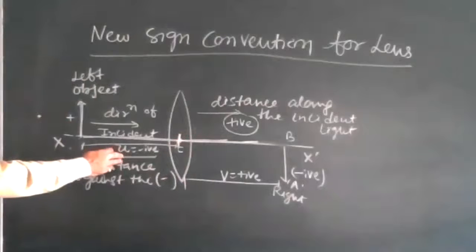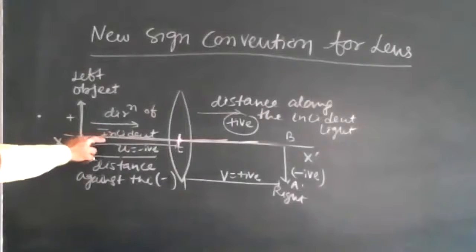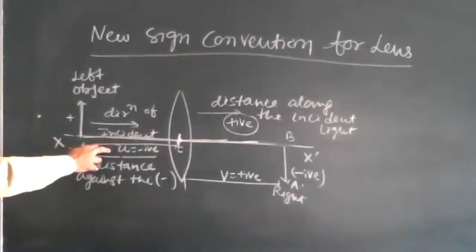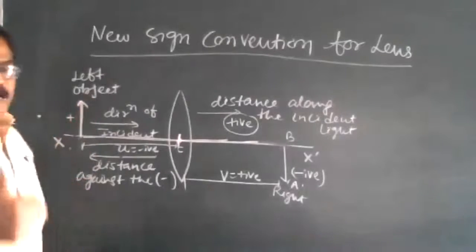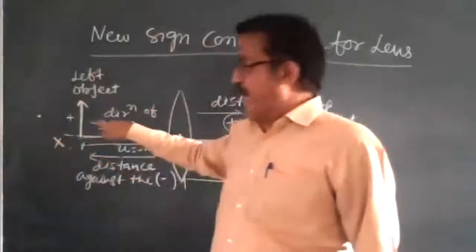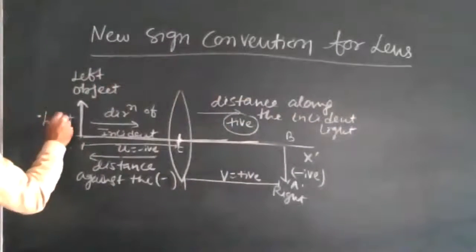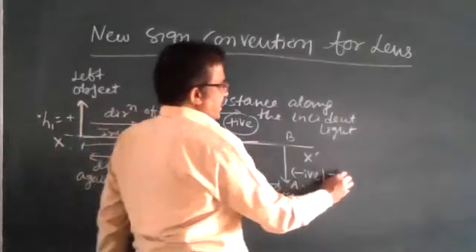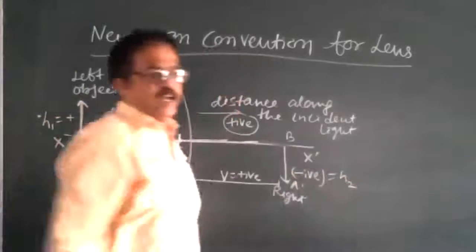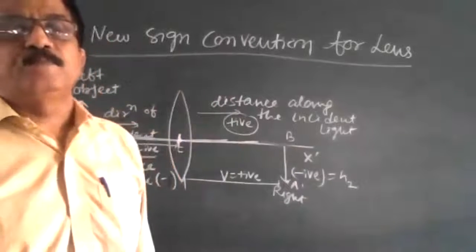The height upwards, ये height upwards जो है यहाँ पर, that is positive. h1 मान लें इसको आप. Height of the image, that is downward, say it is h2, it is negative. So these are the major sign conventions.